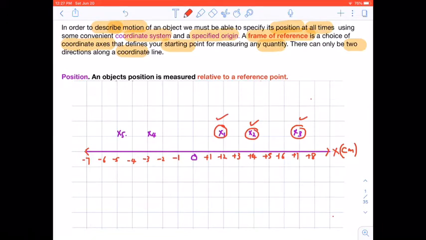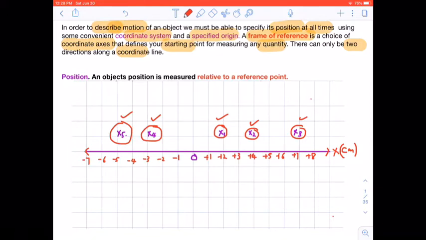And then we have x4. Let's assume these positions change as time elapses, and here we have it at the minus 3 centimeter mark, and then x5 at a minus 5 centimeter mark.